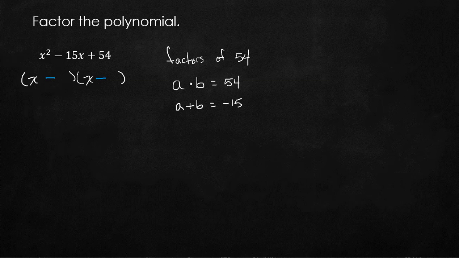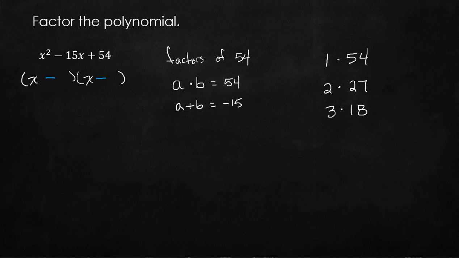So the factors of 54, we have 1 and 54, 2 and 27. 1 plus 54 is not 15 or negative 15. 2 plus 27 is not negative 15. 3 goes into 54 18 times. 3 plus 18 is not 15.